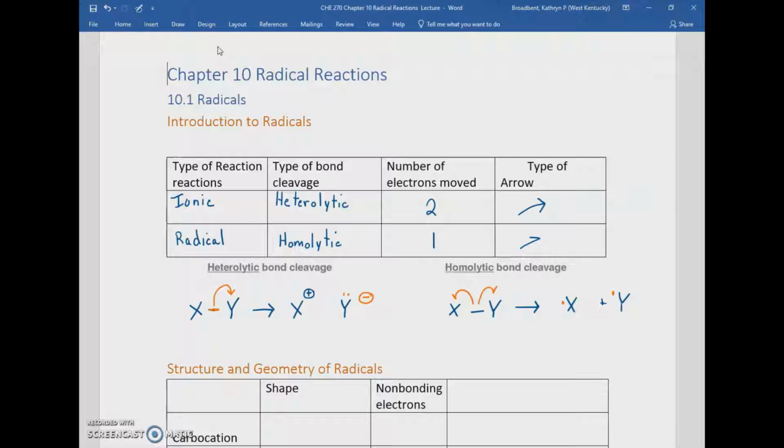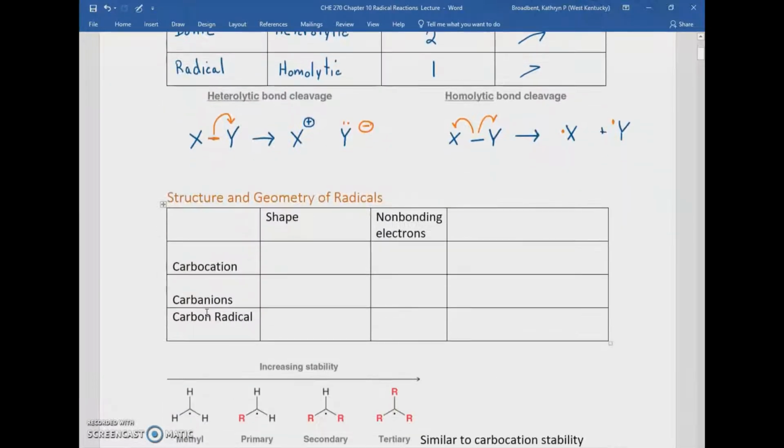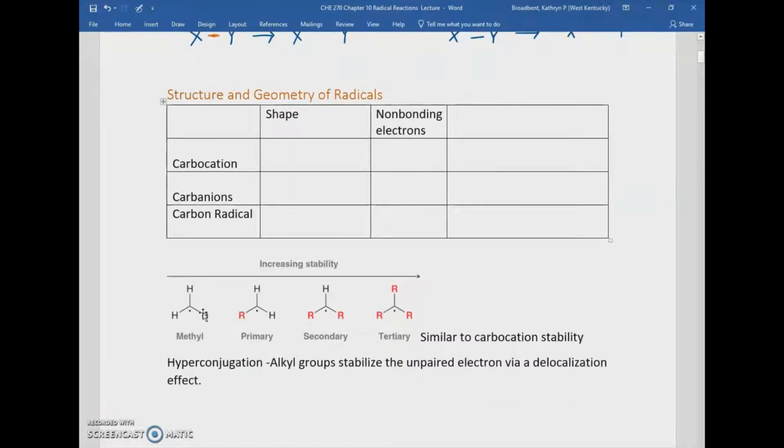We need to look at the structure and geometry of these radicals because when they react, that will influence the structure that we get. A carbocation has a trigonal planar shape. With 0 non-bonding electrons, it's sp2 hybridized, and so it's flat. A carbanion, though, is trigonal pyramidal.